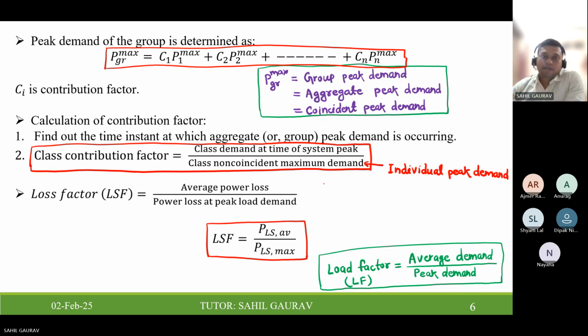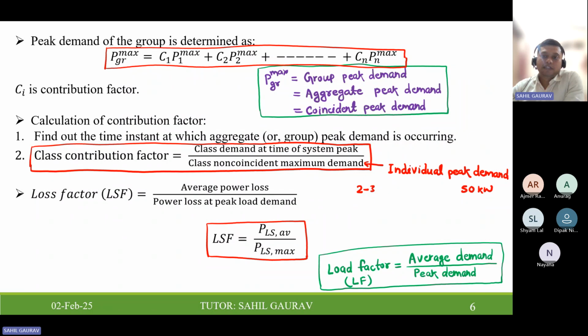We know that the maximum demand for the group is not occurring at the same time as when the individual has its maximum demand. So after knowing the time instant at which the peak demand occurs, suppose it is happening at 2 to 3 p.m. This group peak demand is 50 megawatt or 50 kilowatt, you can say.